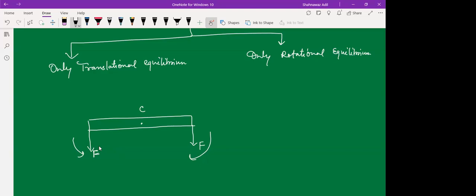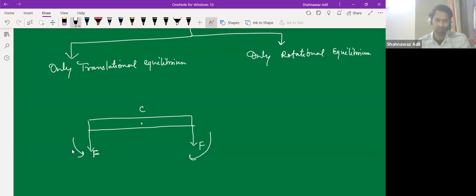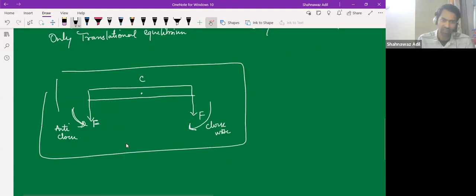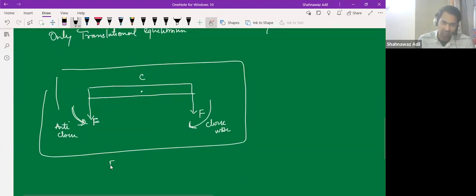Yeah, rotational equilibrium. Because this one is going anti-clockwise and this one is going clockwise. So we have a rotational equilibrium, right? This is an example of rotation, right? But we see that F1 plus F2, so F plus F is not zero, right?